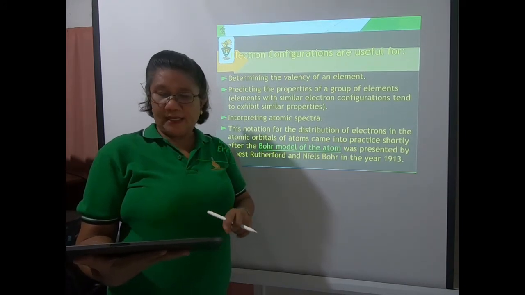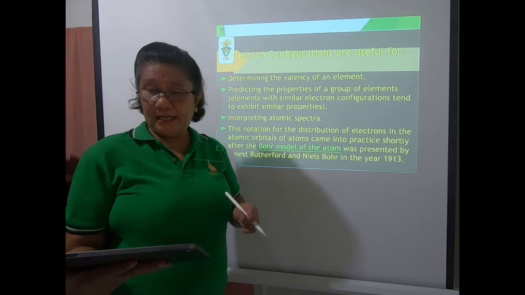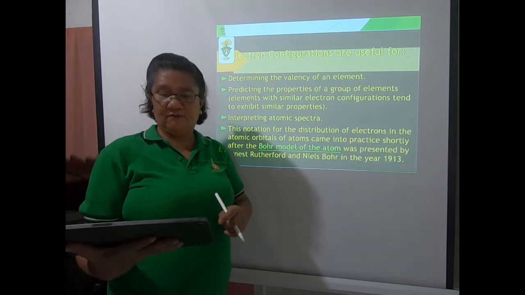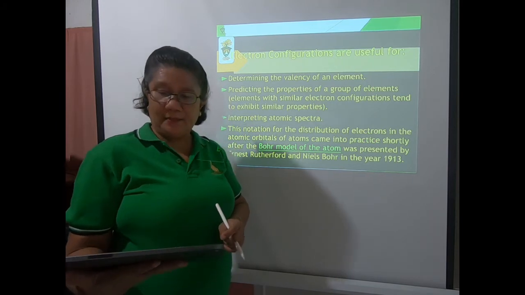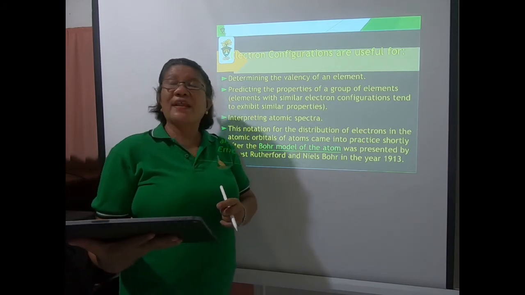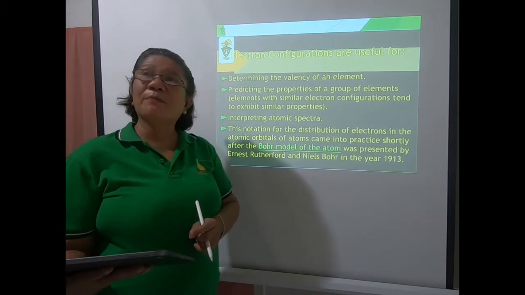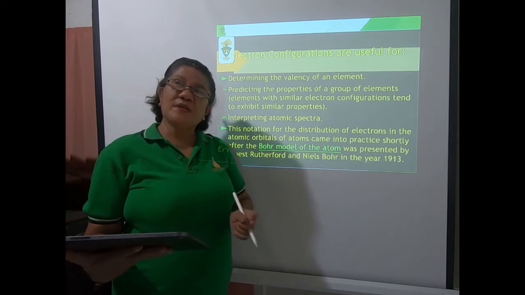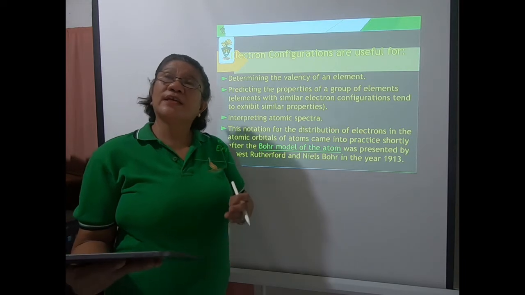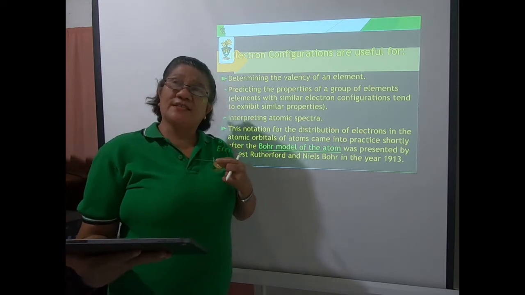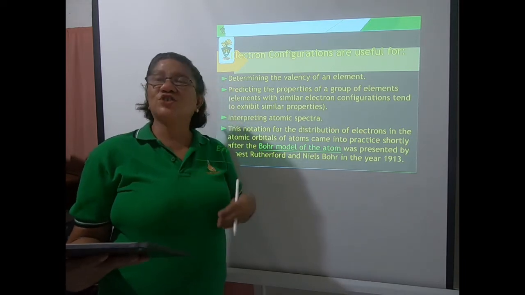What is the importance of electronic configuration or the electron configuration? This will determine the valency of your element. This will predict the properties of the group element. So for instance, in group 7, you have to know its charge is -1 and they are the halogen group.